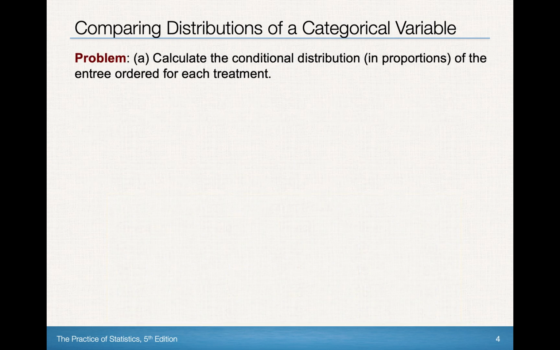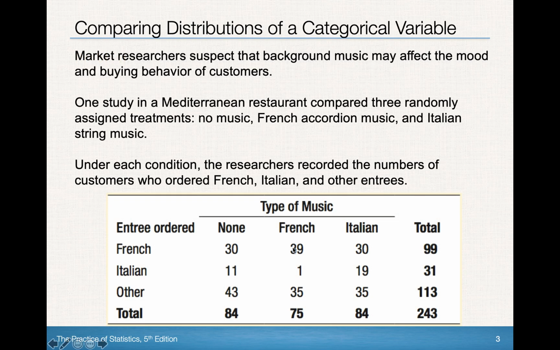We first want to analyze the conditional distribution of each entree ordered for each treatment. Looking at just the treatment of no music playing, 30 of the 84 people in this restaurant at this time chose French food, 11 of the 84 people chose Italian food, and 43 of the 84 people chose other food.